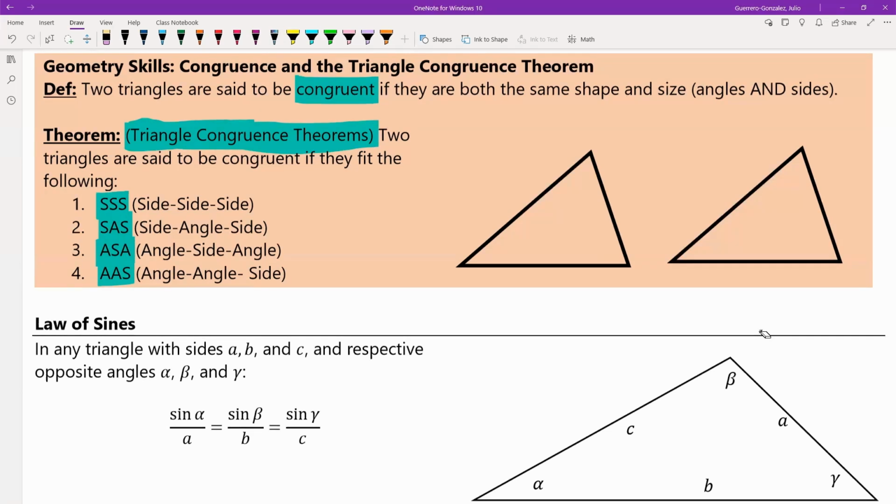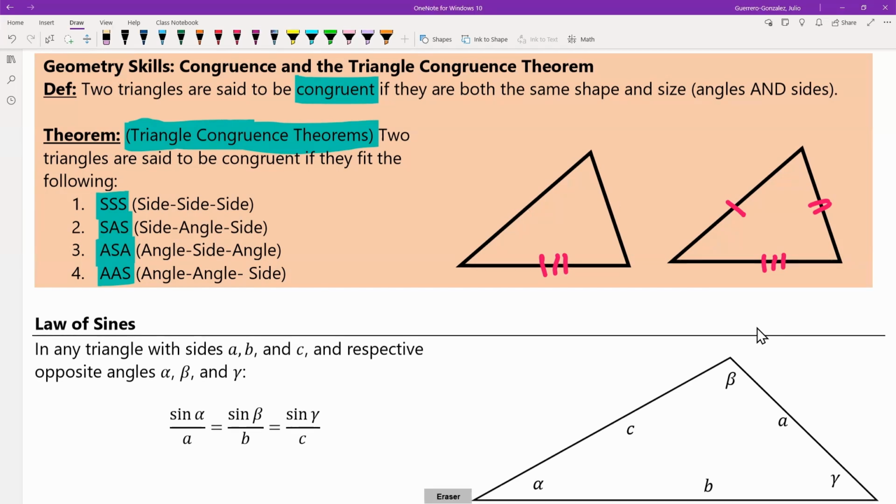You can't skip a part of the triangle. For example, the first one: if you have side, side, side, this side is equal to this side, and this side is equal to this side, there's no possible way that the triangles are going to be different. And this now matches up the angles as well.